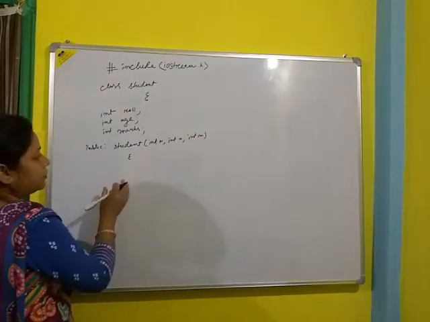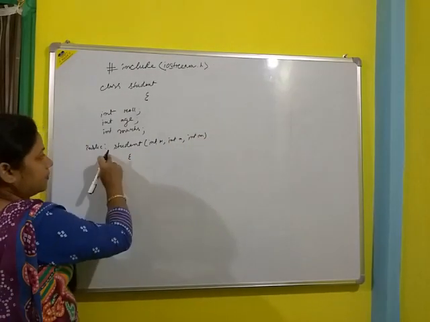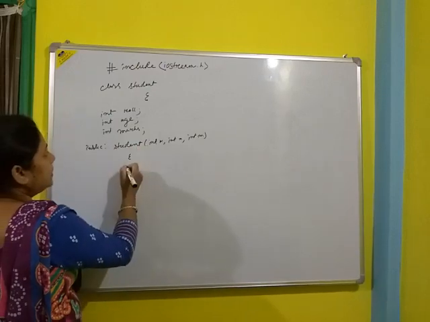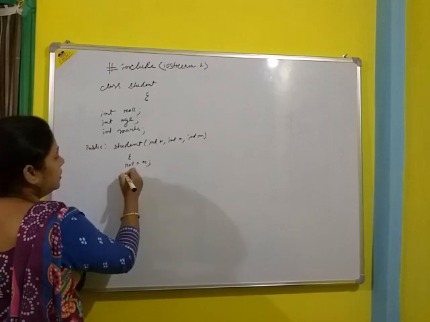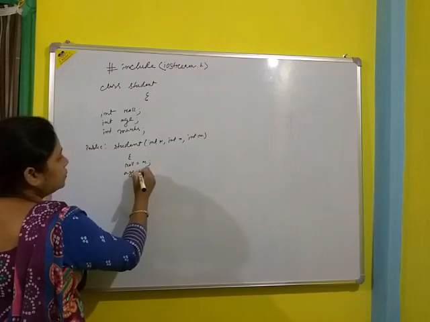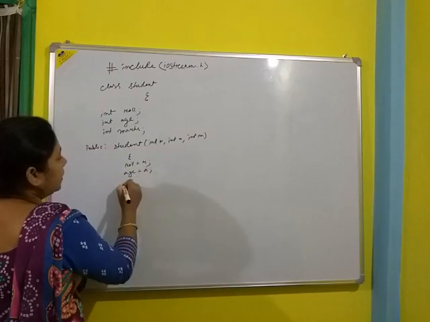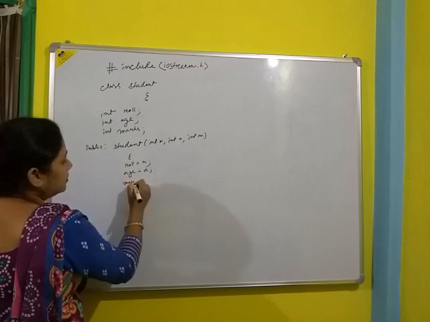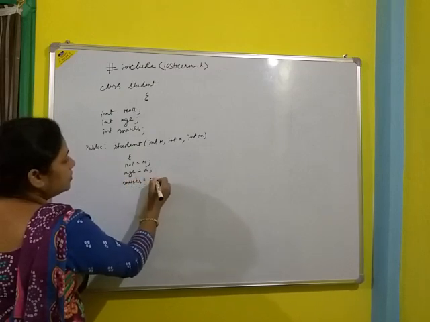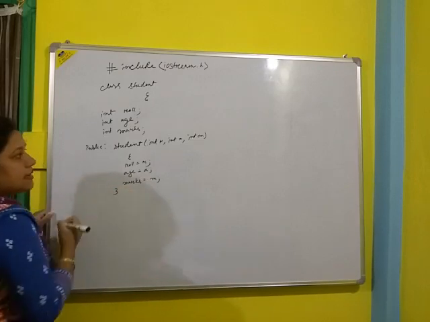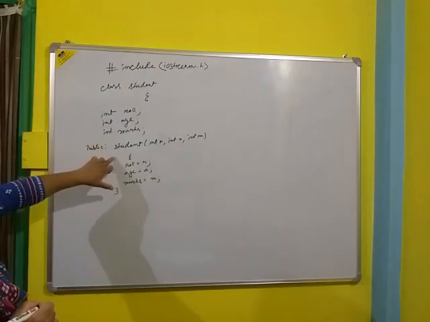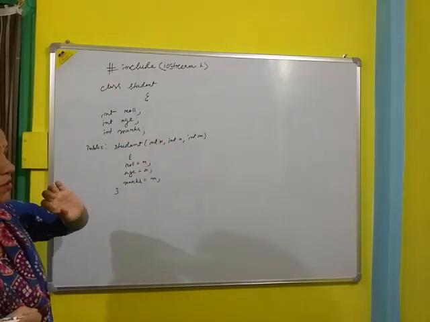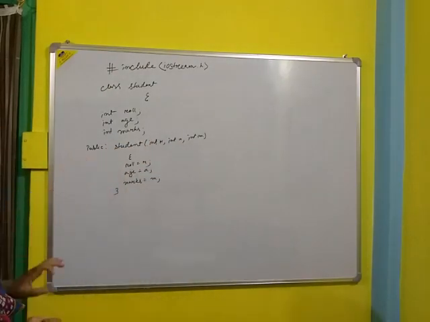So here I am going to write the definition of the parameterized constructor, that is roll equal to r, age is equal to a, marks equal to m. So this is the body of the parameterized constructor.